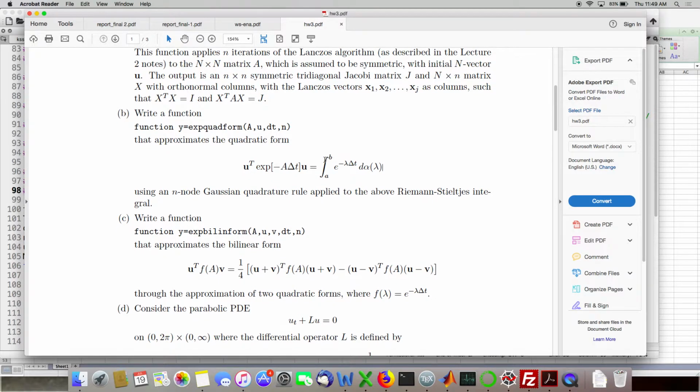Okay. So the way we approximate this integral using Gauss quadrature, and it was actually my advisor, Gene Golub, who played a big role in developing this.